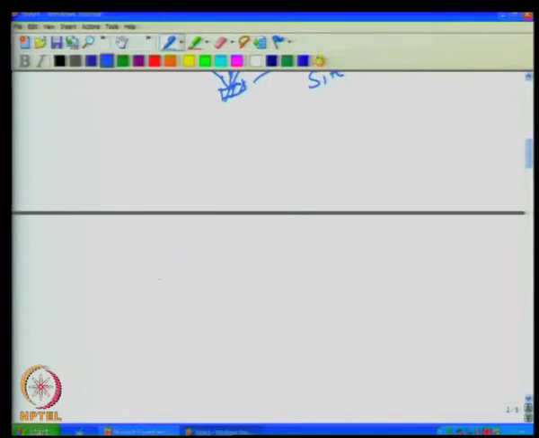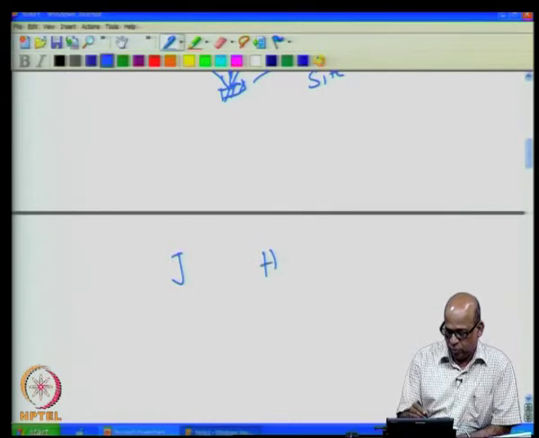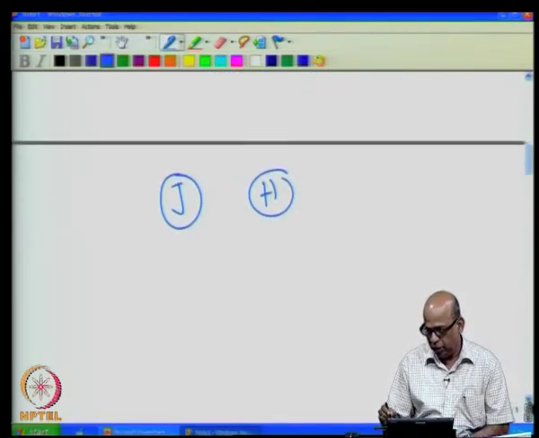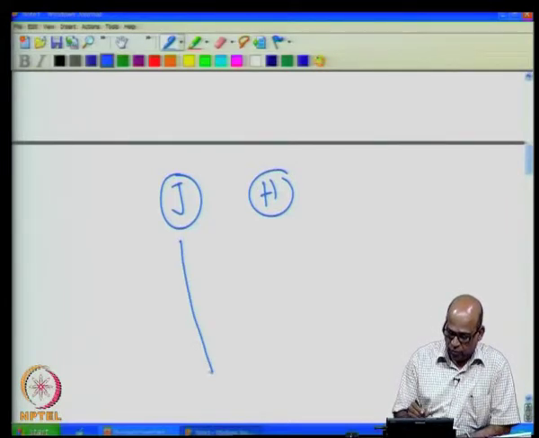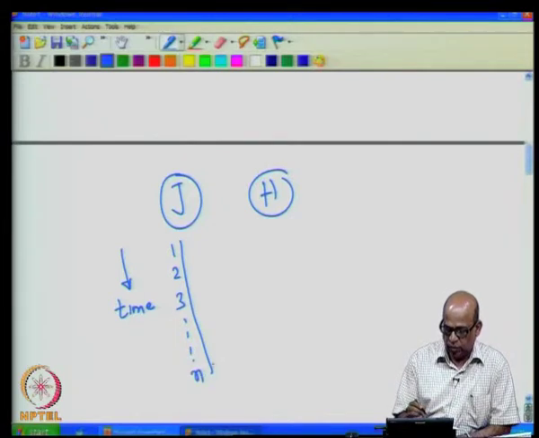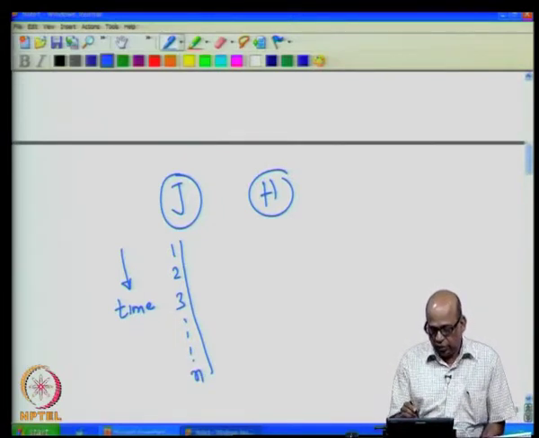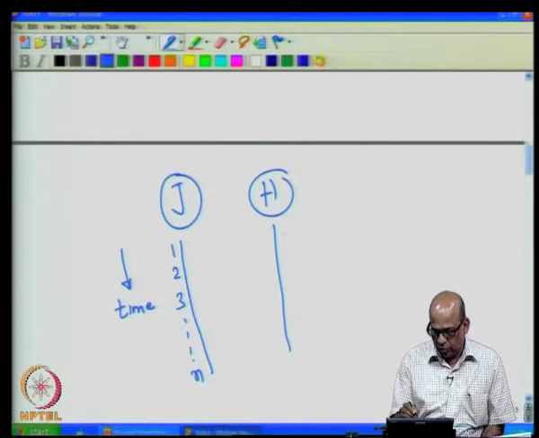Let us say you have sites J and H, two different sites. On site J you have observations. So, this is time. Let us say I have observations 1, 2, 3 etcetera, n number of observations. Similarly, on site H I have observations 1, 2, 3 etcetera up to n, and these are the time steps t is equal to 1, t is equal to 2 etcetera.